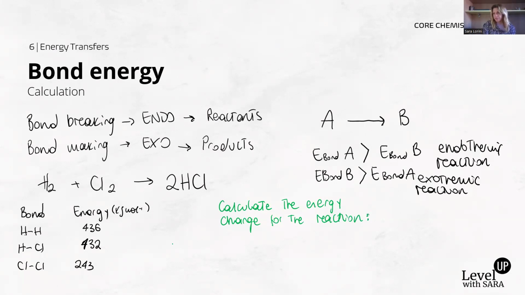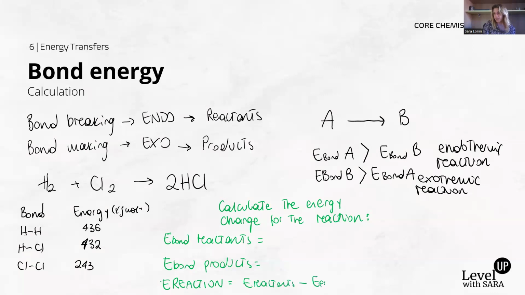You will need to find the bond energy of the reactants, the energy of the products, and then the energy of the reaction is going to be the energy of the reactants minus the energy of the products.